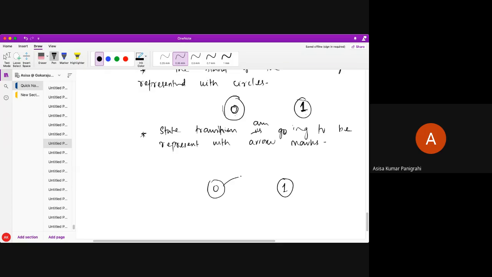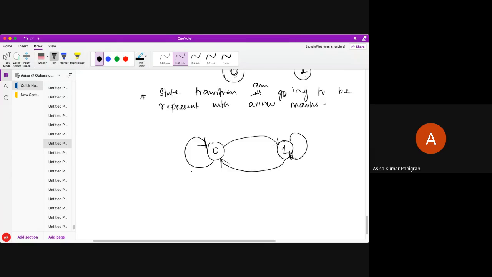There are four possible state transitions. Are you understanding? It may go from 0 to 0, from 1 to 1, from 0 to 1, or from 1 to 0. These are the state transitions, and they are represented with arrow marks.